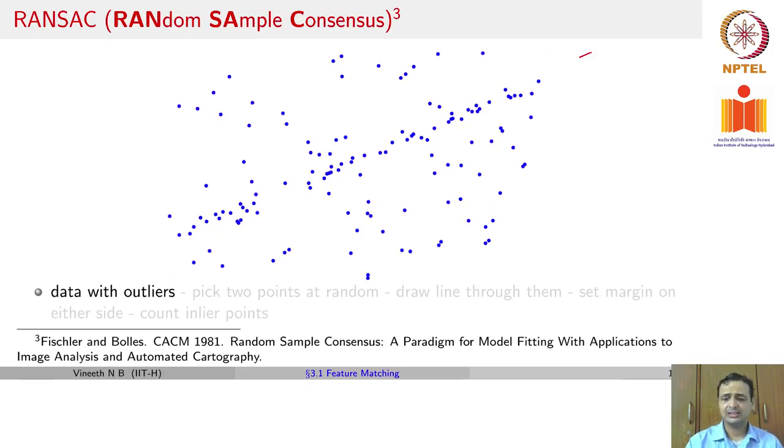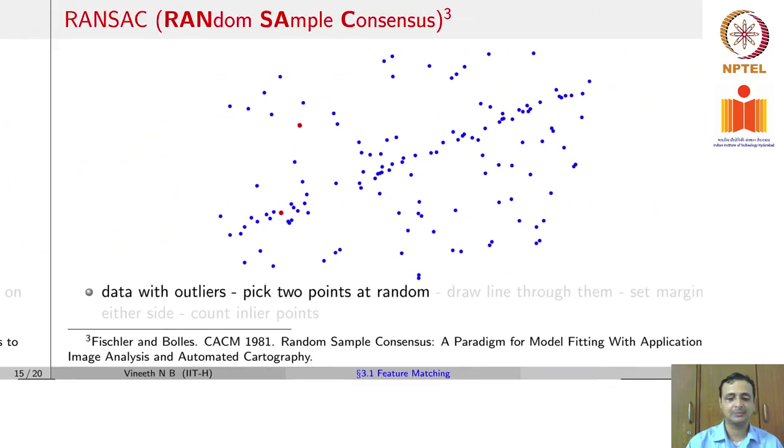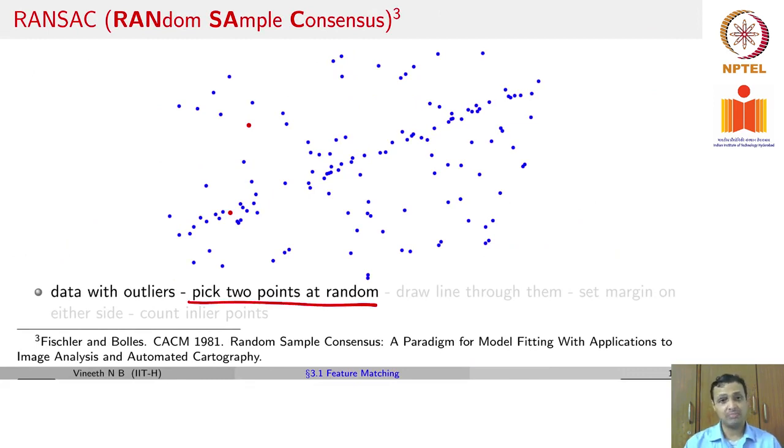So let's assume these are set of correspondences that we have. These are data with some outliers, and we ideally want to fit a line to this particular model. So we'll talk about fitting a line to data at this point. We'll then later come back to the analogy of taking this to fitting an affine transformation or any other rigid body transformation to a set of correspondences in images. So if you had such a set of data points and we want to fit a line to this particular set of data, what random sample consensus suggests to us is you take 2 points at random, any 2 points.